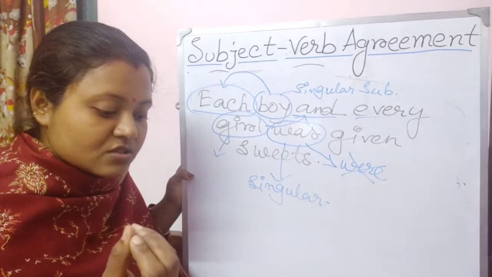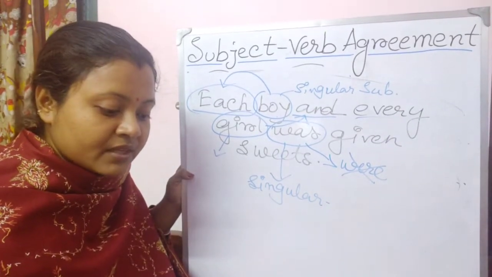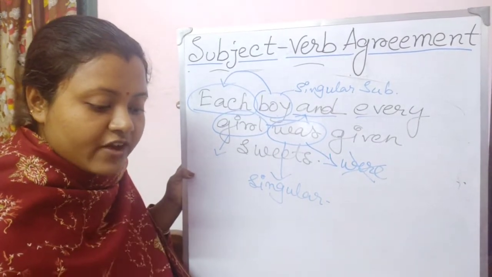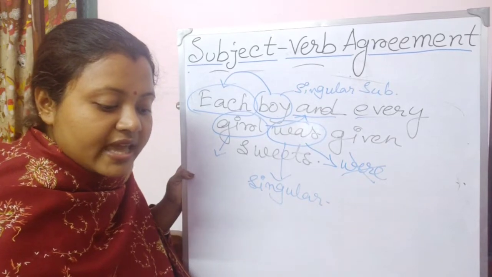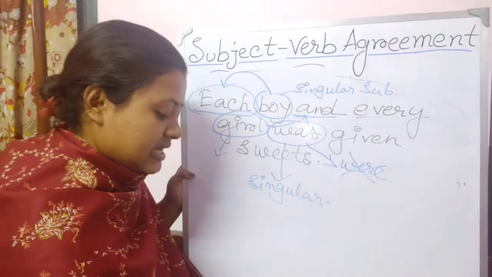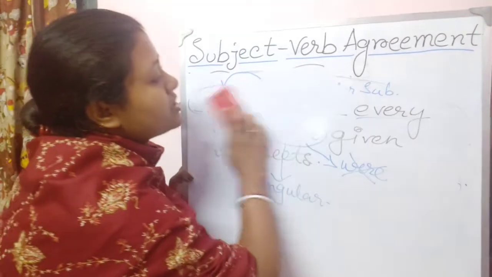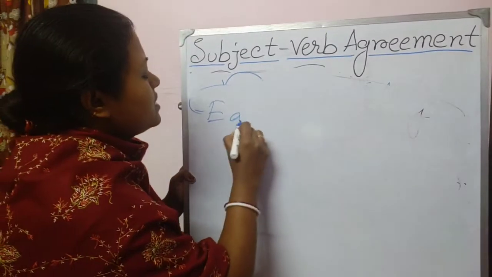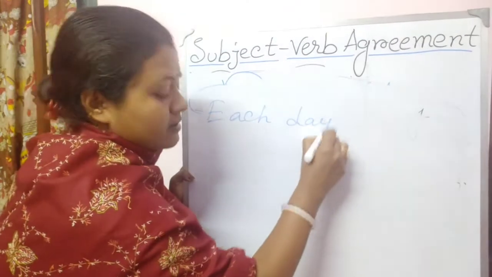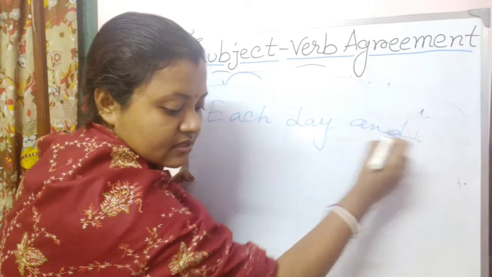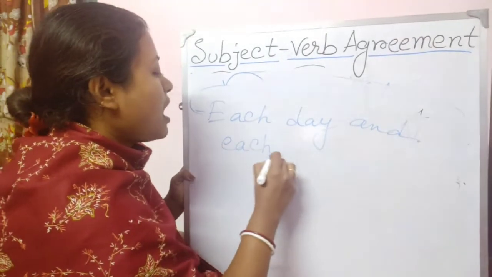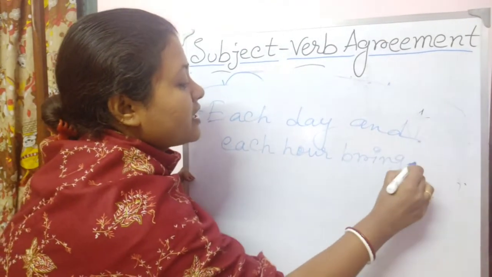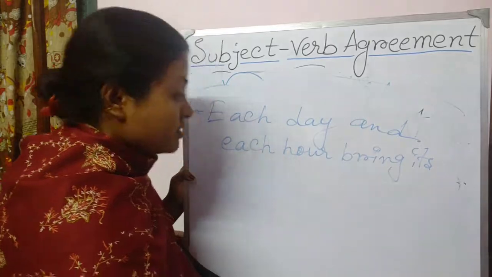Look at the sentence over here in your book as well. It is written page number 87, in rule number 5, that each day and each hour brings its joy.